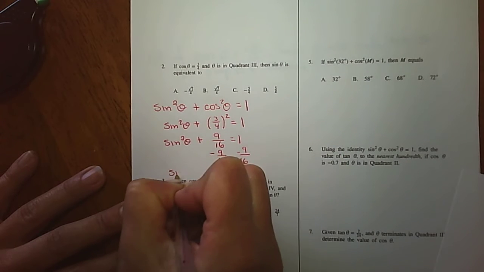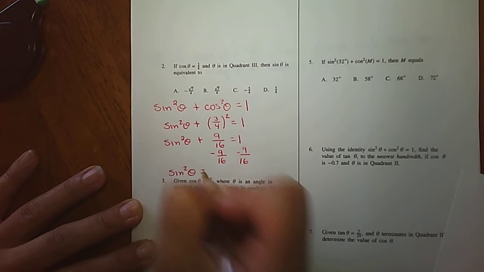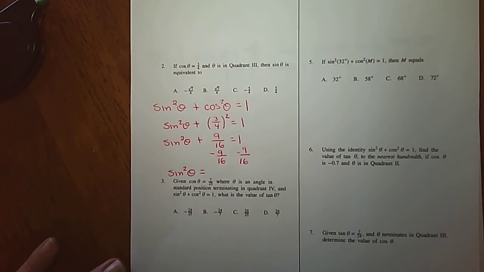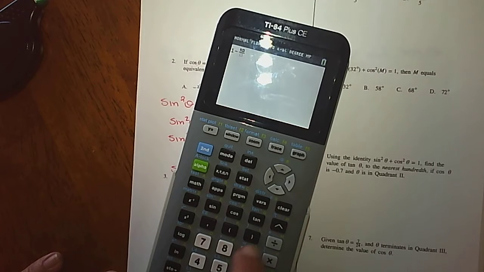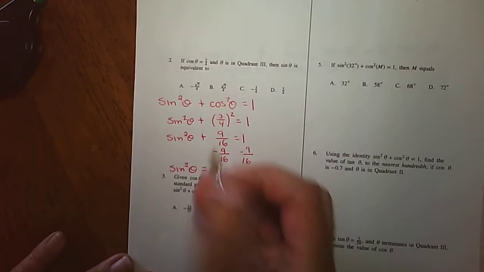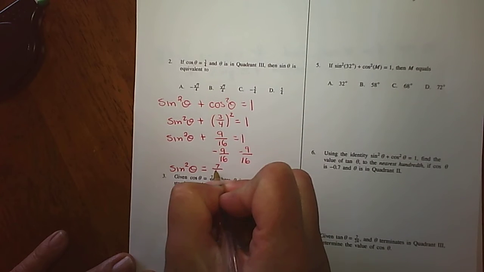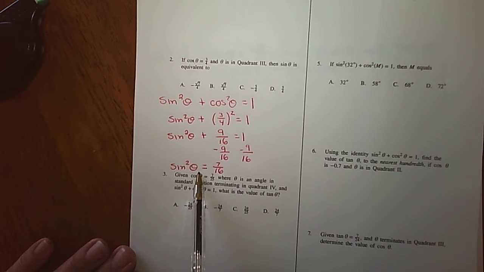I get sine squared theta equals, and you could use your calculator to do the subtracting. If you don't like to subtract, you could just do 1 minus, fraction button, 9/16, and that's 7/16. Now see how it's sine squared?